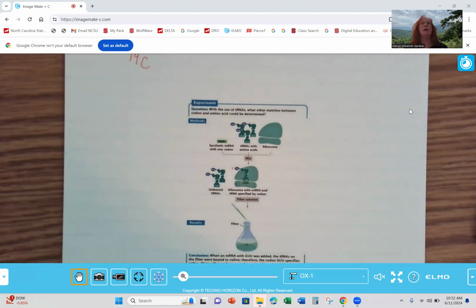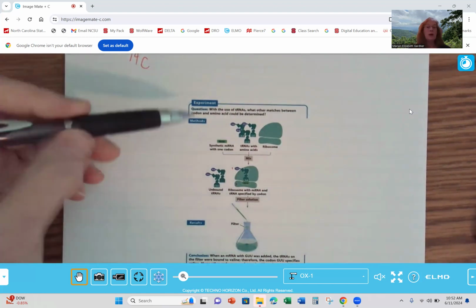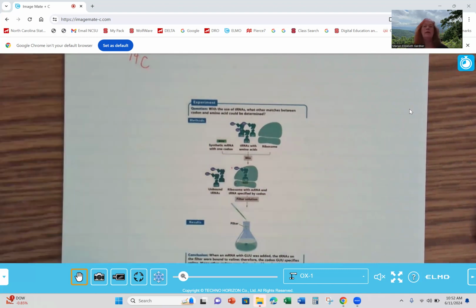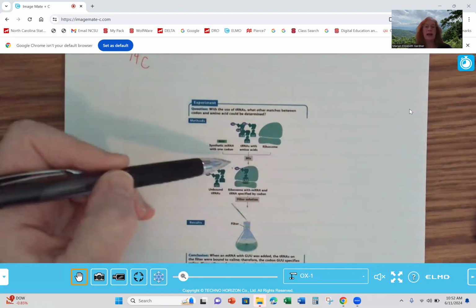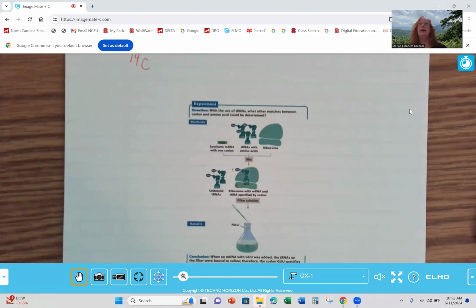Now, each of the tubes would have the charged transfer RNAs in them that didn't have radioactivity, except for, of course, that one that was radioactive in that one tube. They would allow the structure to bind. The ribosome would bind with the appropriate charged transfer RNA with the appropriate amino acid. Then they would filter the solution, and if that amino acid happened to be the radioactively labeled amino acid, then the filter paper would be radioactive.